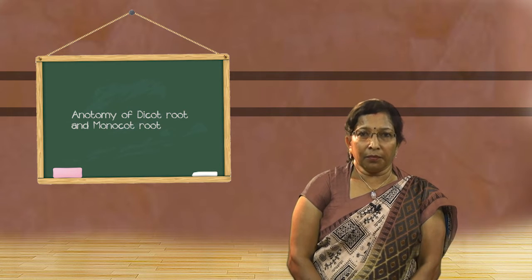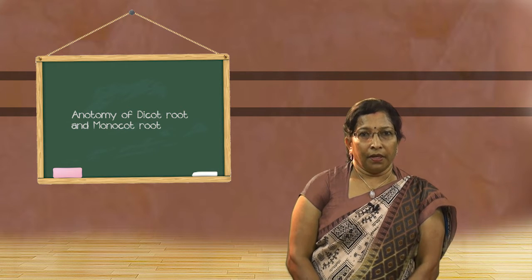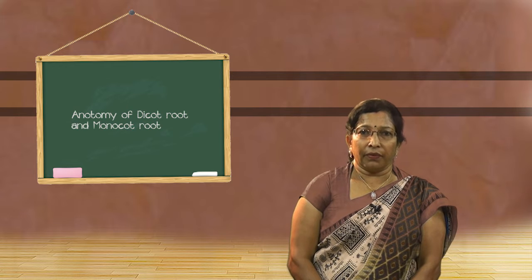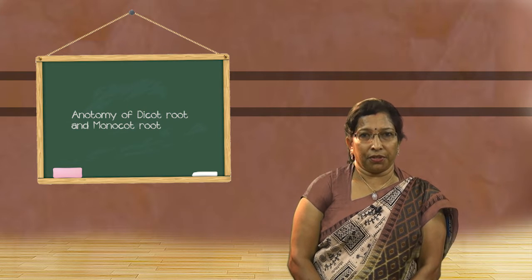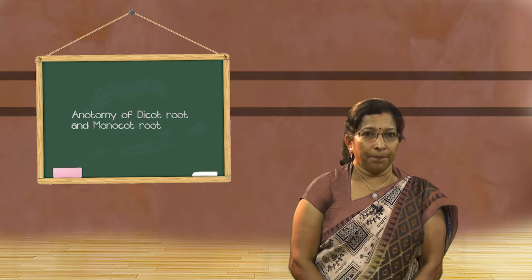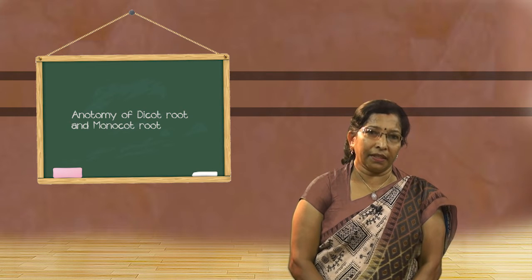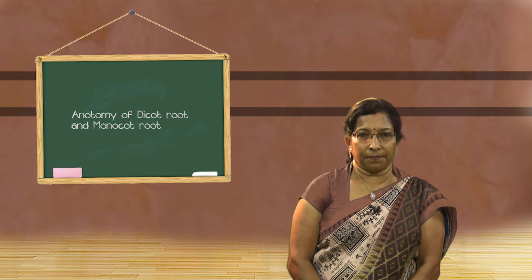Then the innermost layer or centralmost region of the Dicot root is called stele. Stele is the region where the vascular tissues are arranged. Outermost layer of stele is called pericycle, and the pericycle is made up of a single layer of compactly arranged simple cells.